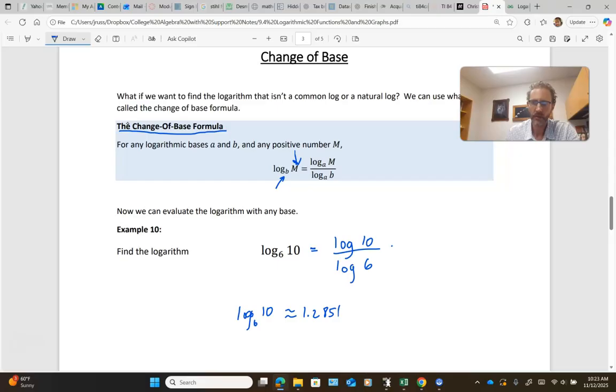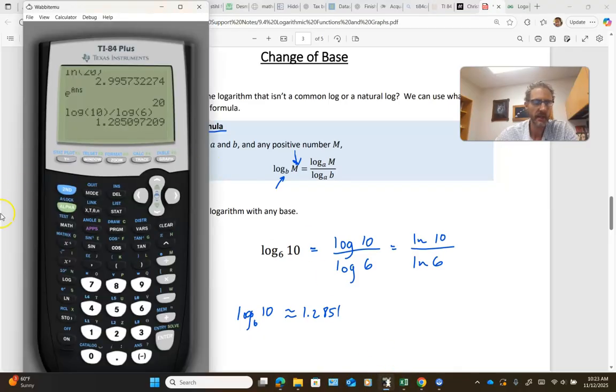Okay, but I want to show you that you could also use the natural log, and actually lots of times this is the more common thing to do. But I'll show you we'll get the same value if we use the natural log. So we're just using a different logarithm with a different base. That's all.